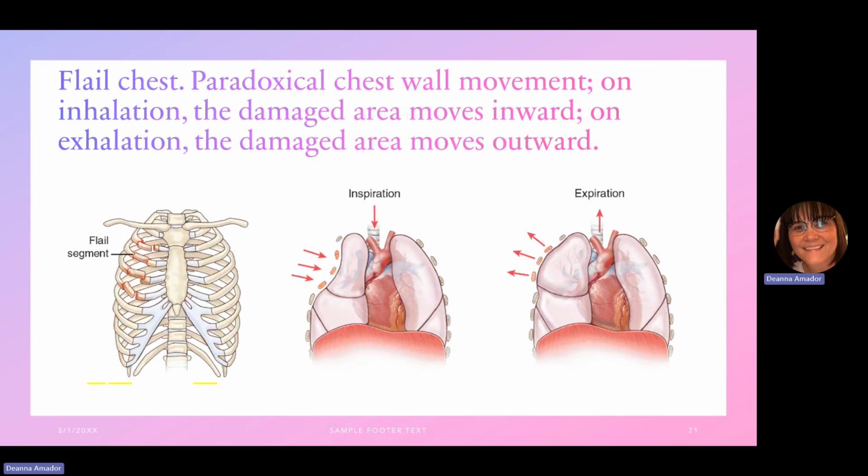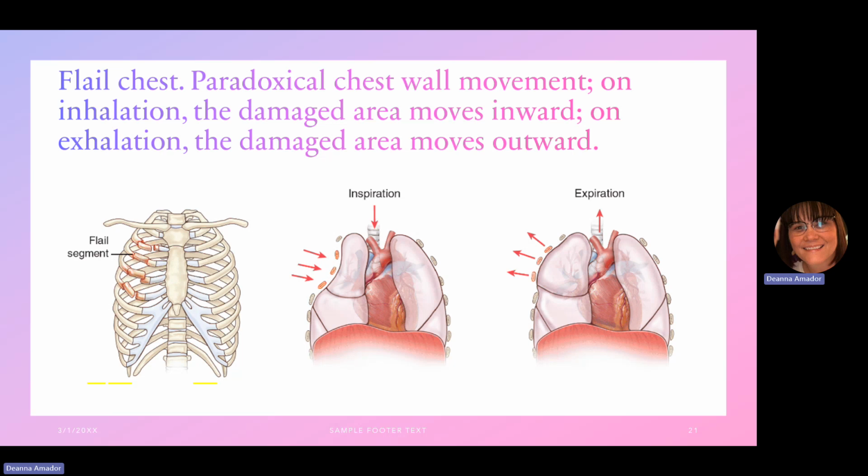Okay, here we're going to talk a little bit more about the flail chest. So flail chest, like I said, is paradoxical chest wall movement. On inhalation, the damaged area moves inward, and on exhalation, the damaged area moves outward.